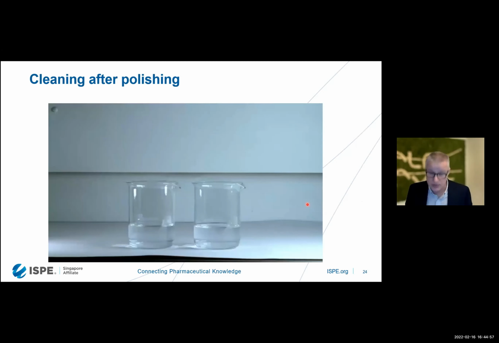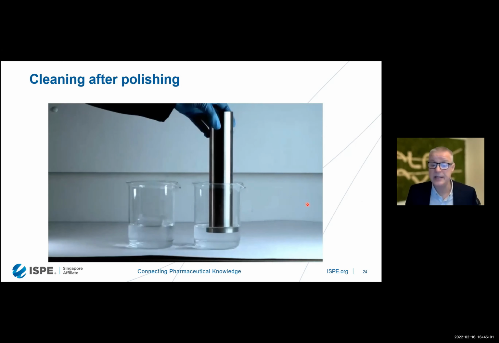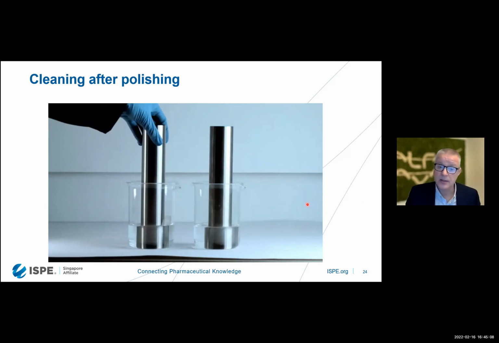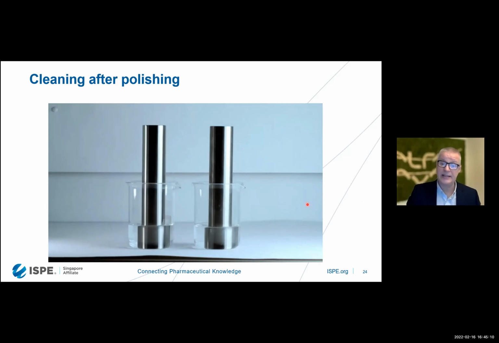We made a test in our laboratory to see the difference between a mechanically polished surface that was not cleaned properly, and another polished surface that was cleaned properly. We put them in an acid, I think it was phosphoric acid, and let them stay there for a week.